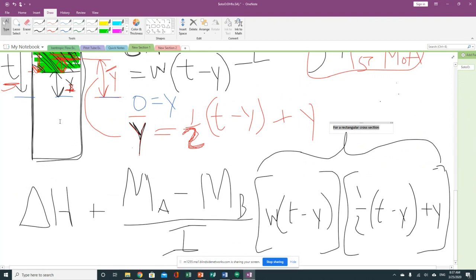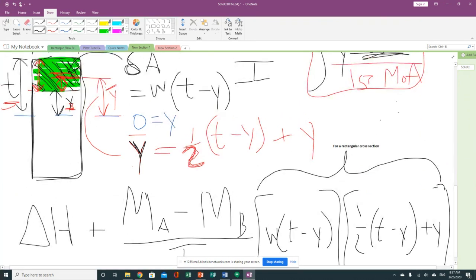If you find your first moment of area for another shape, for another cross section like a circle or triangle or whatever, you'll have to recompute this.